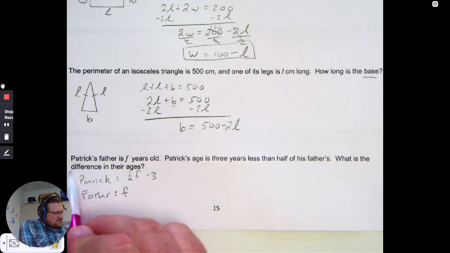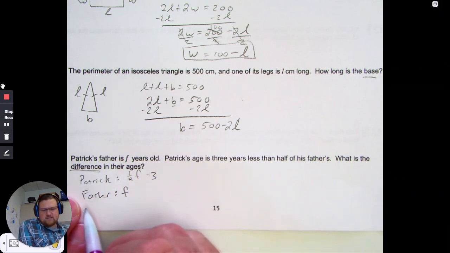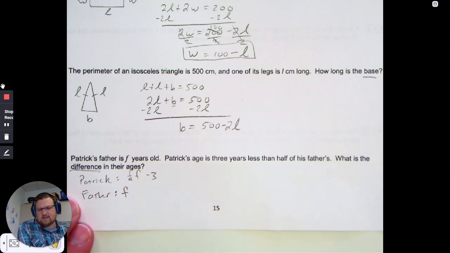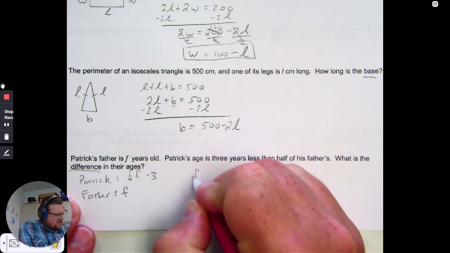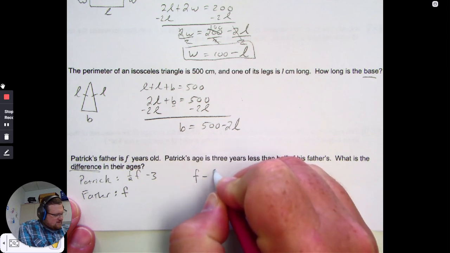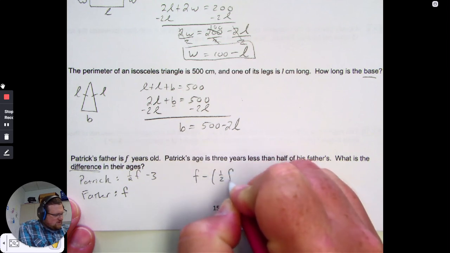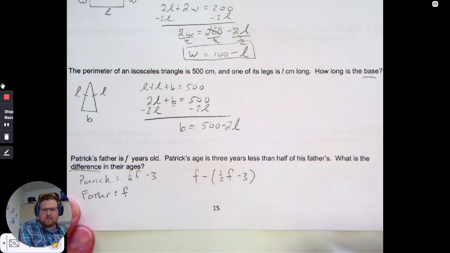So it wants to know what the difference in their ages is. And difference implies that we're going to be subtracting. Now, right, in all realms of reality, Patrick's father should be older than him. So then we need to start off with F and subtract from it Patrick's age, which is 1/2 F minus 3.